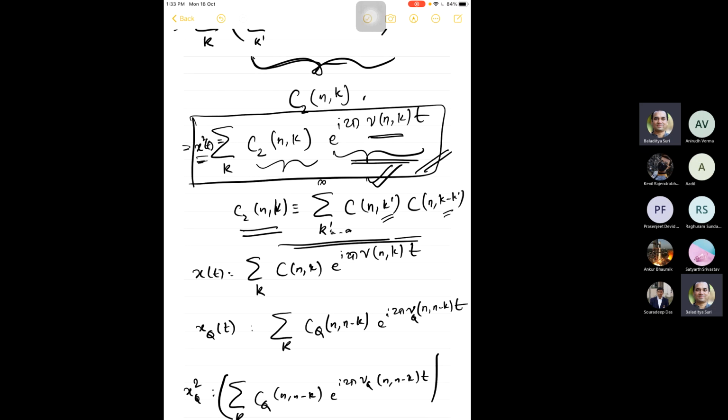So the Fourier series should now have a correspondence, like in the case of x of t, which requires these quantities C2, which are obviously related to the original Fourier series of x of t, to have a peculiar form. And that peculiar form is the form of matrix multiplication. It's not the form of simple number multiplication. And therefore, the CQ of n, n minus K are no longer simple numbers, but they have to be multiplied according to the rules of matrix multiplication.